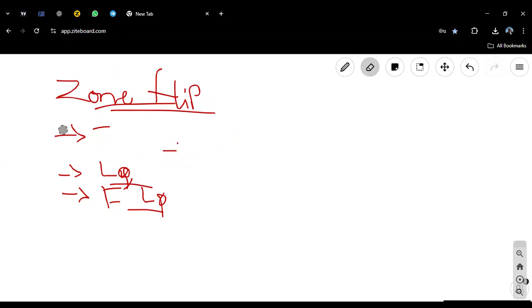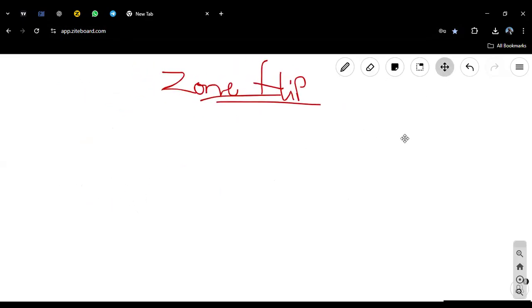Good. Now let's start with zone flip. If you remember correctly, in the previous sessions where we talked about candlestick anatomy, I said that every opening and closing of a candlestick is a zone.